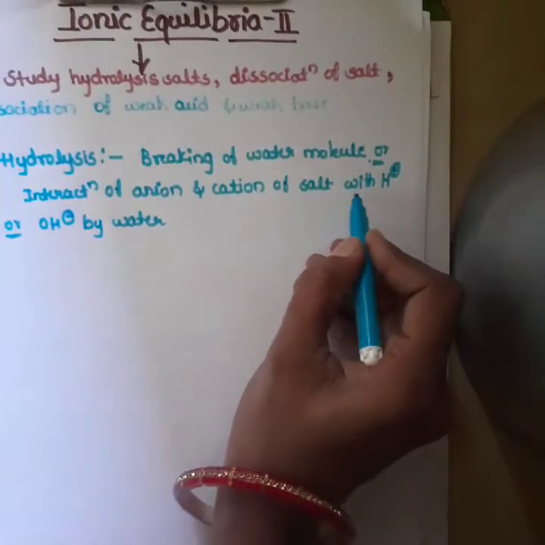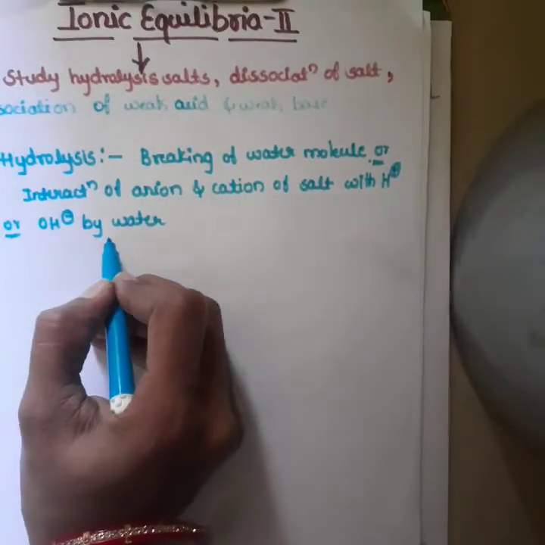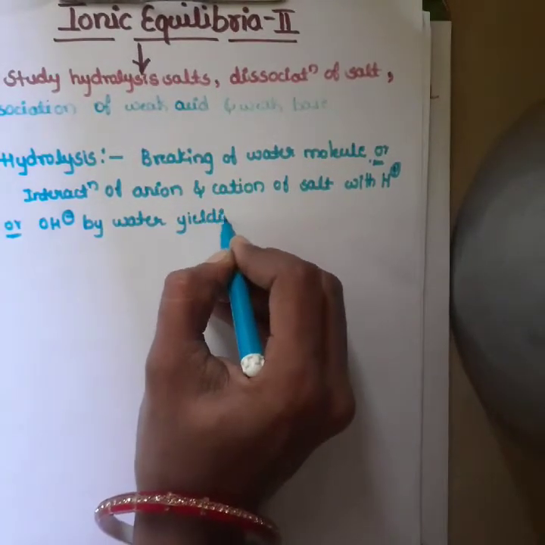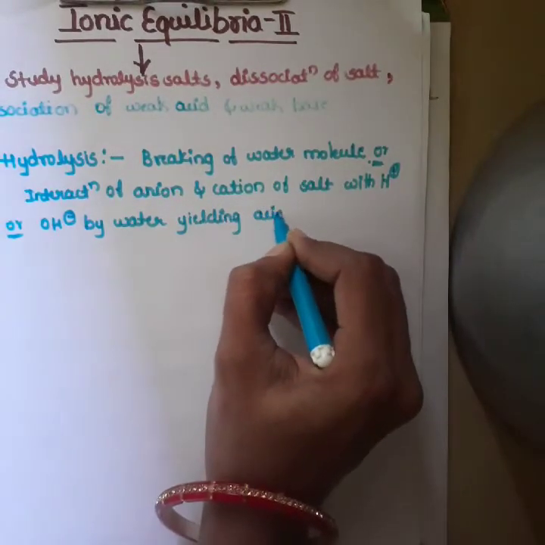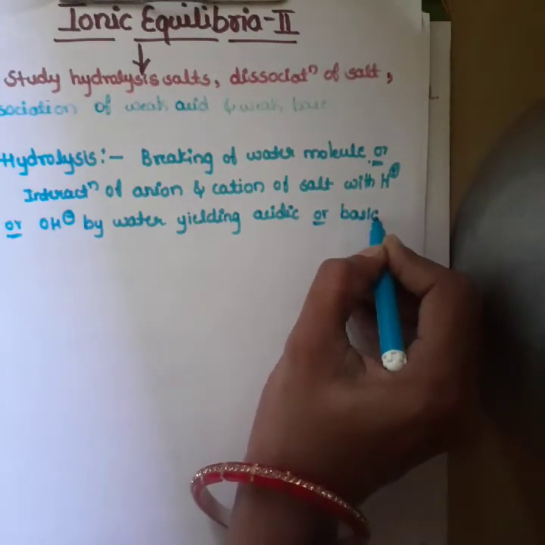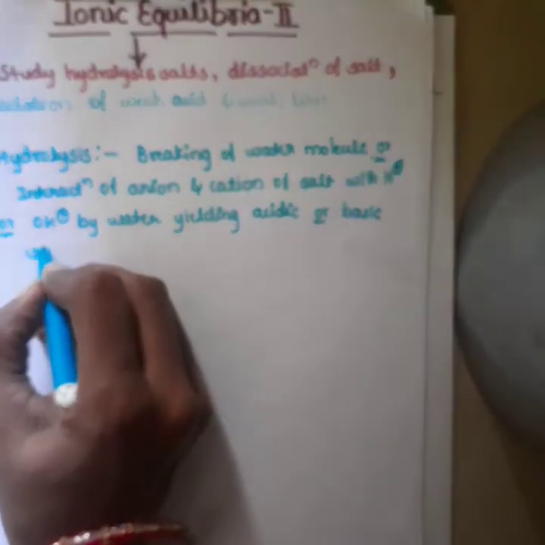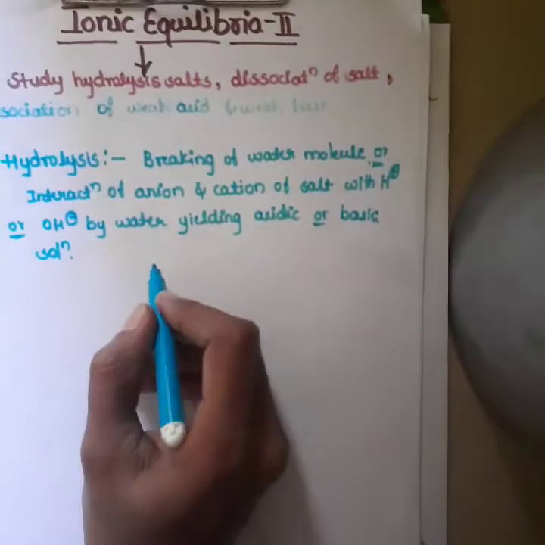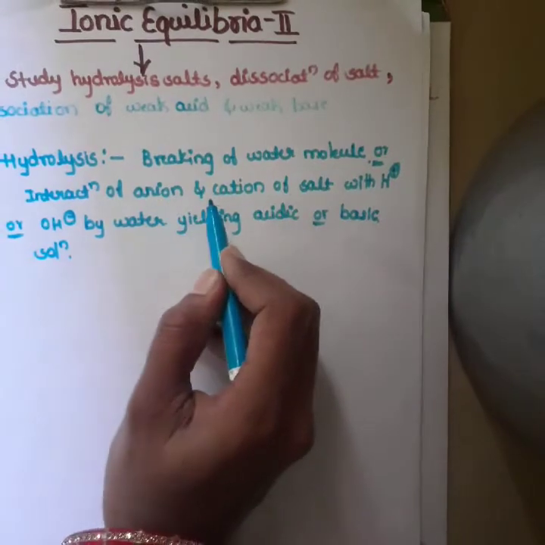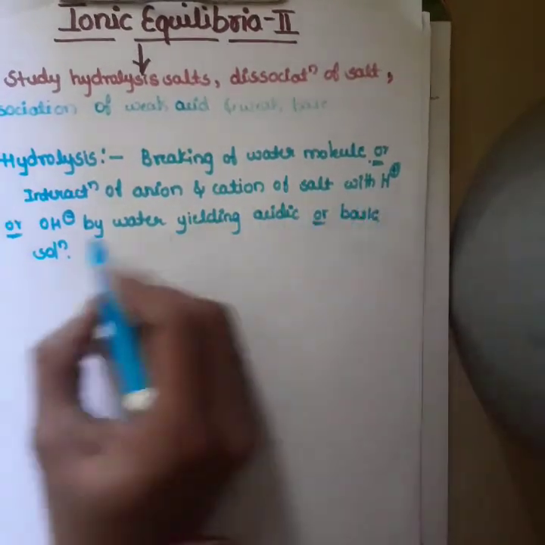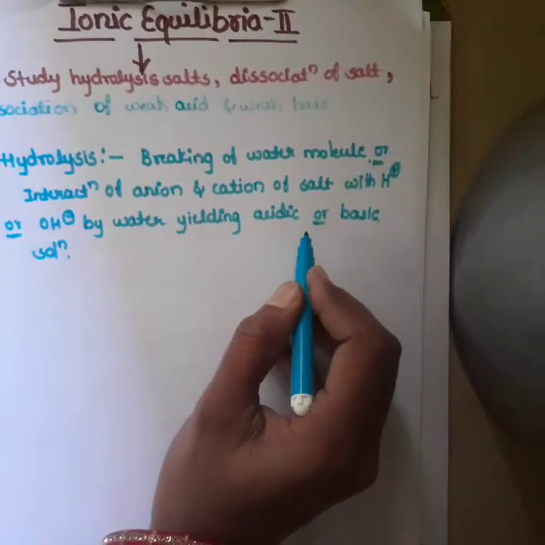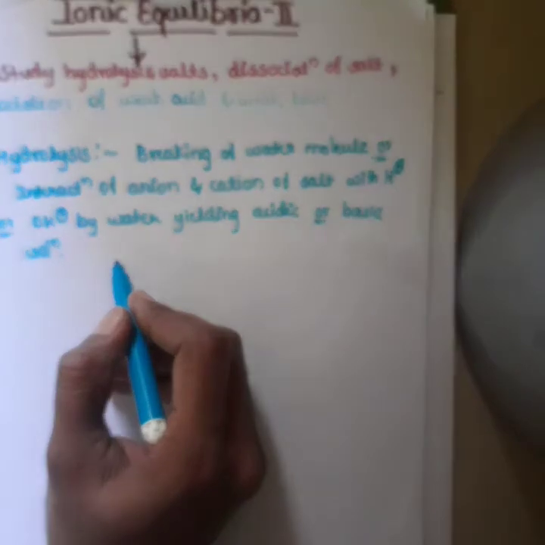H plus and OH minus come from water, yielding acidic or basic solution. This is called hydrolysis.